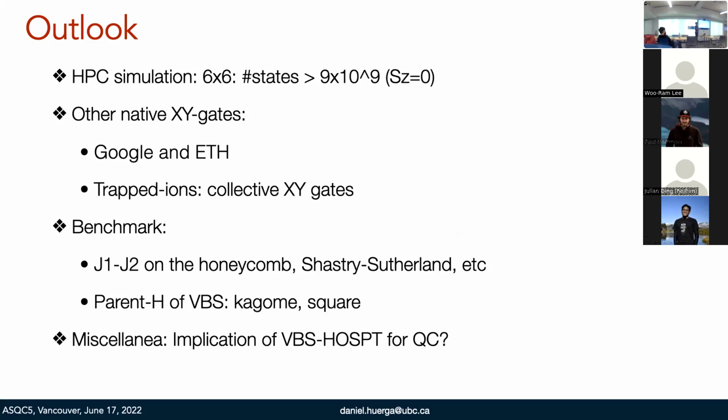But we are working on which are the artificial signatures. How can we infer from these artificial signatures whether we indeed have some translational invariant state? And specifically, we are working on benchmarking this on the Kitaev model.